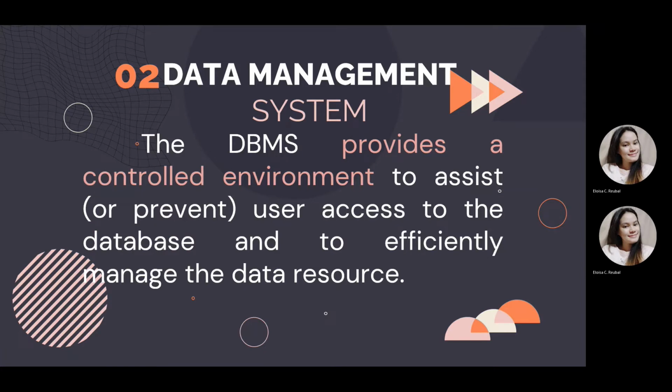Now let's move on to our second element, which is the Database Management System or DBMS. The main goal of the Database Management System is to provide controlled access to the database by assisting or preventing the access of the users, and each DBMS model accomplishes this objective differently.